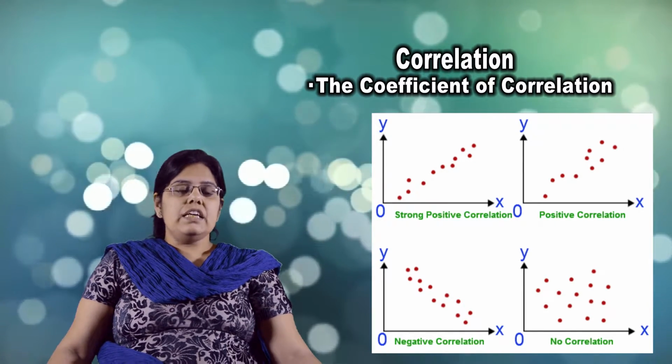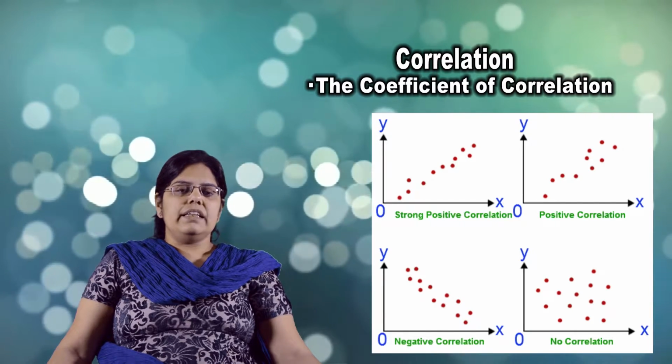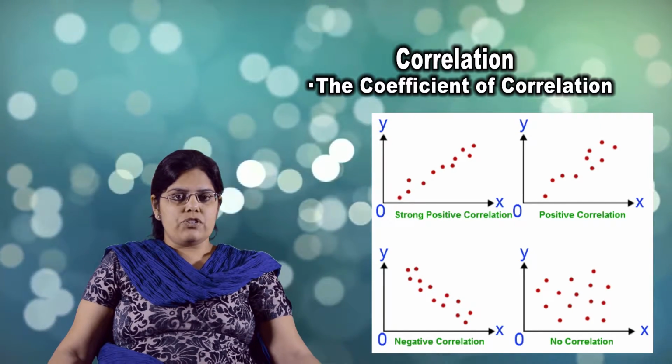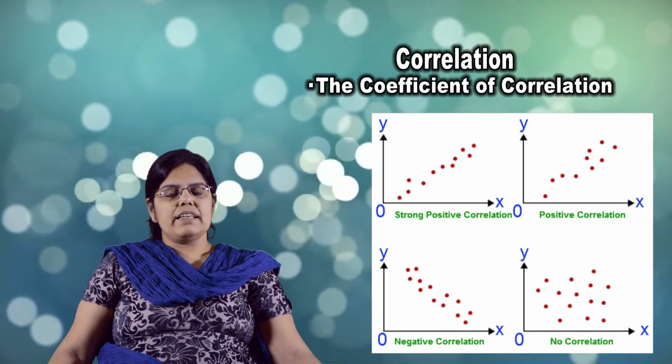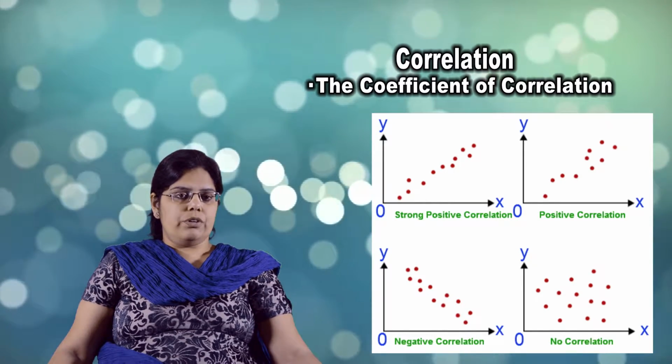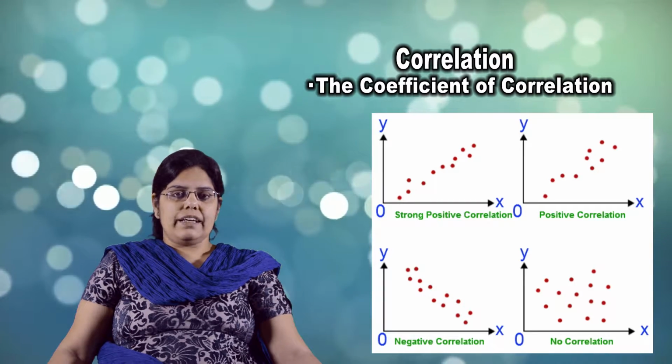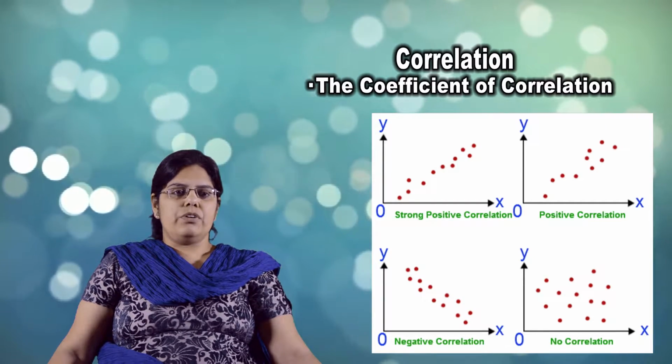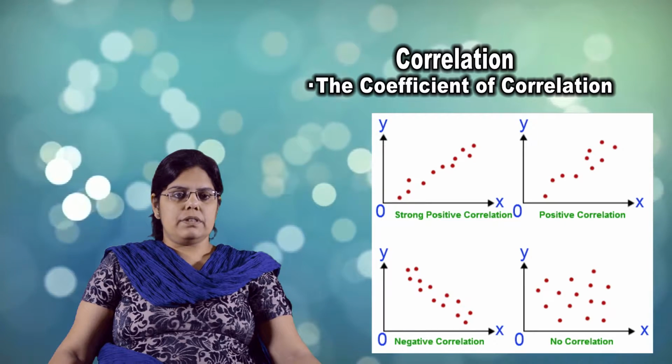In other words, it is the numerical index that tells the extent to which two variables x and y are correlated. The coefficient of correlation indicates the direction and magnitude of relationship between two variables.